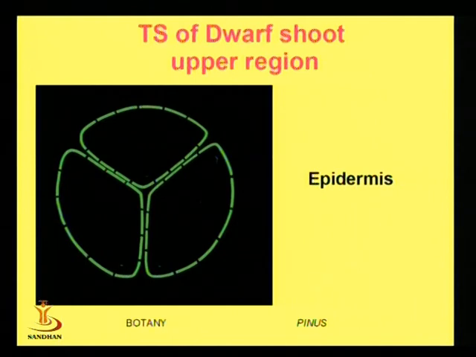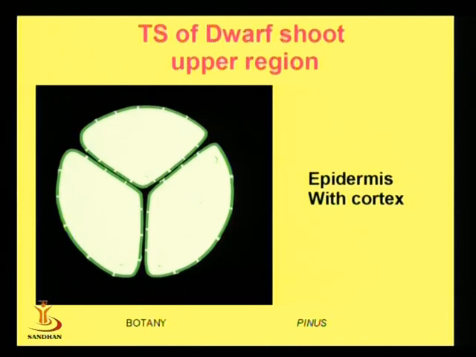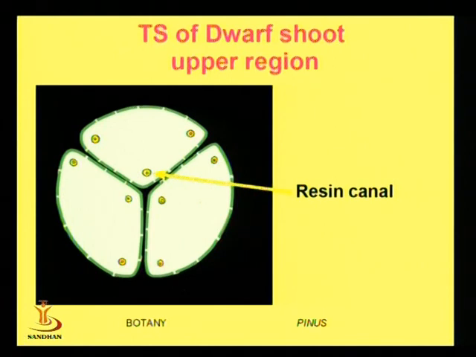The outermost layer is epidermis, the same as in the normal structure. Even in the base, the same thing is found. Then epidermis is followed by cortex. A huge amount of cortex is there. The presence of resin canal is again here, and this resin canal is continuous up to the leaf part.